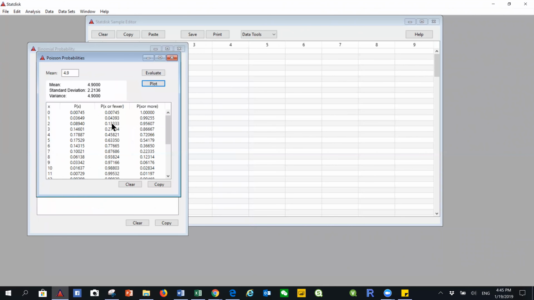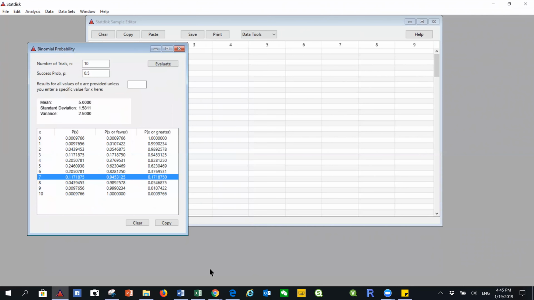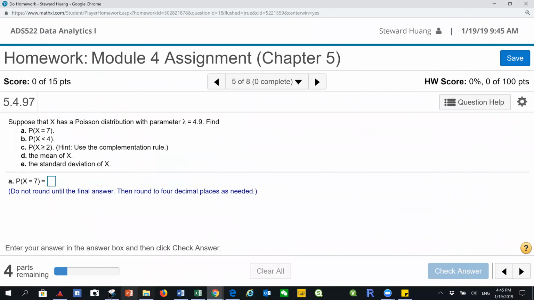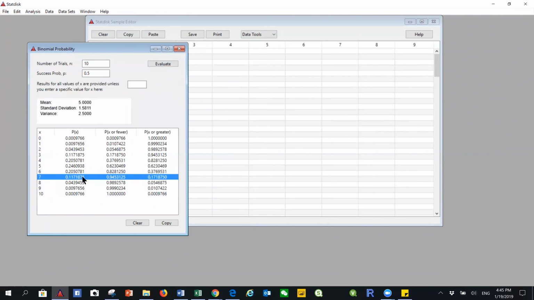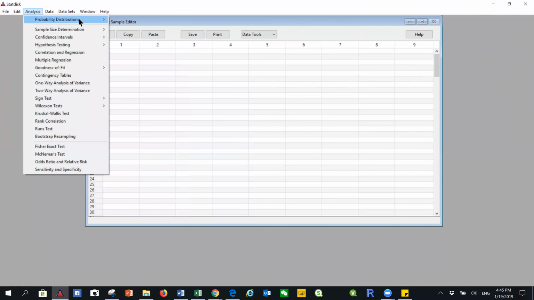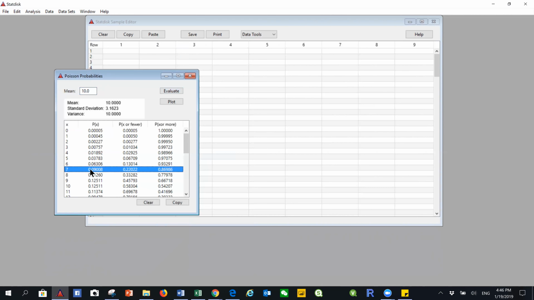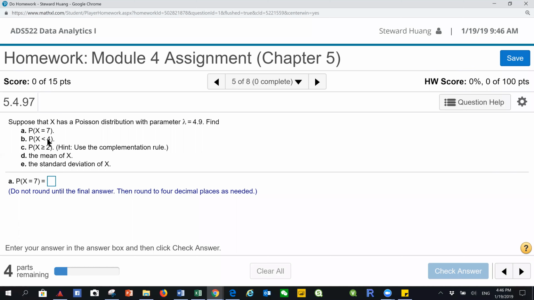Very handy, very convenient. Now with this, what's the probability x equal to 7? Suppose lambda is 10, and its probability at 7 is right here. But you just have to plug in the 4.9, and you will get it, and so on for the other numbers.